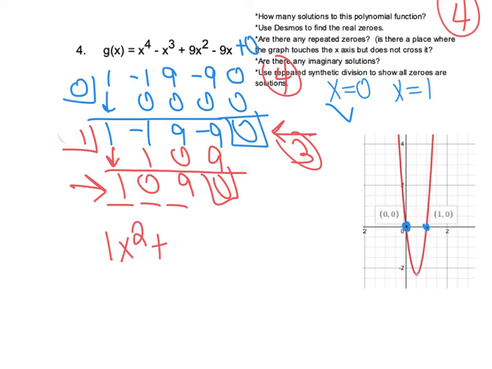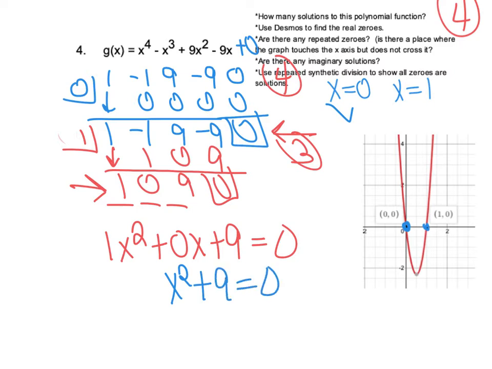If we want to put that in there, we can go ahead and put in our place fillers, plus 9. And remember, we're finding our zeros, so we need to get it set equal to 0. So I'm going to simplify what we just wrote a little bit here. x squared plus 9 equals 0. And this, remember, came from these numbers right here.